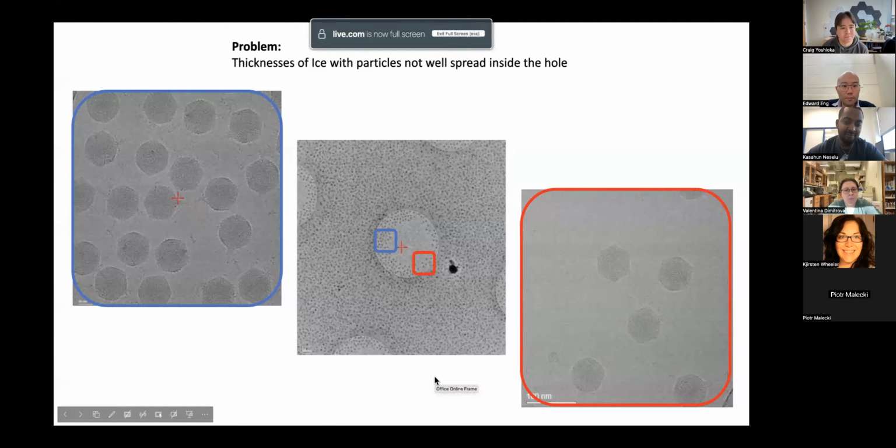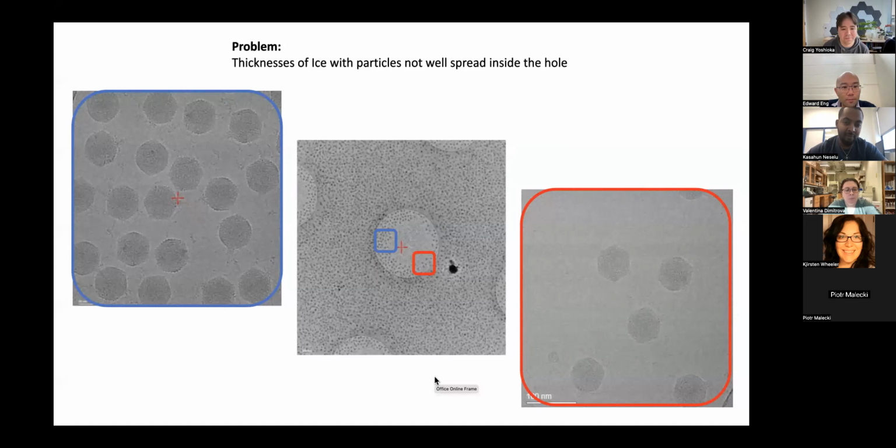Okay, take us away. Okay, so I'm Alex Alexandre from S2C2, and what I want to show is these images with different thickness heights between the grid squares with large virus particles.